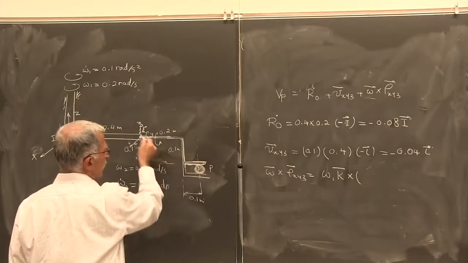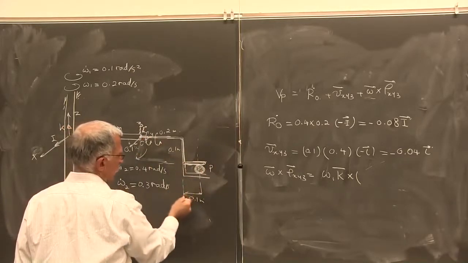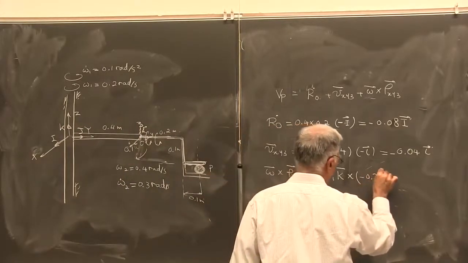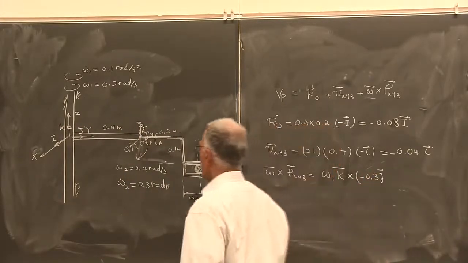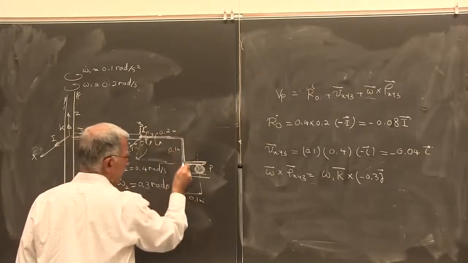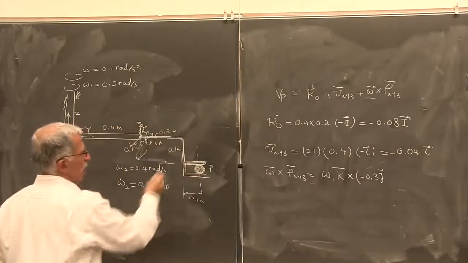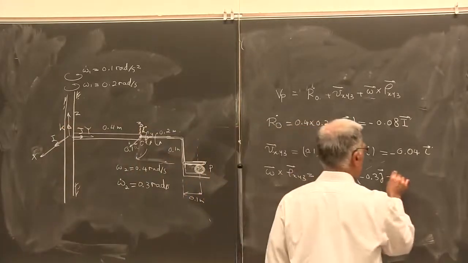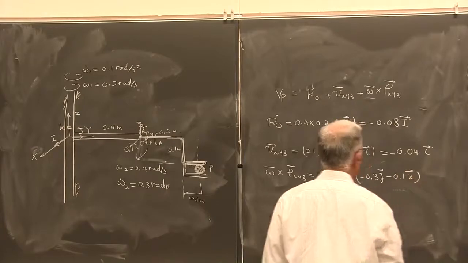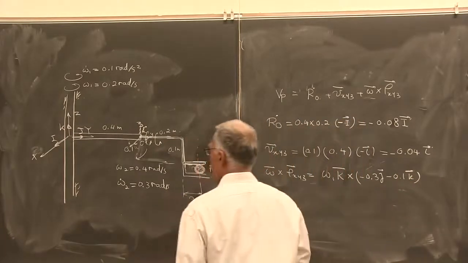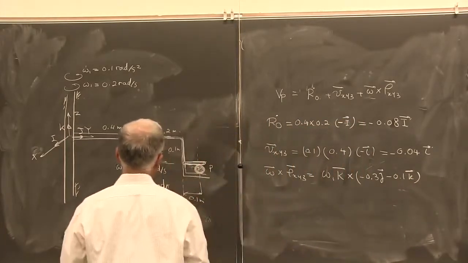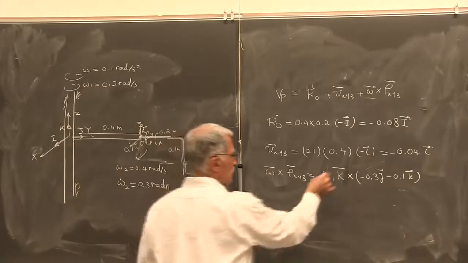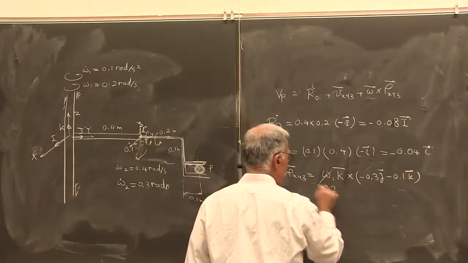That should be equal to minus 0.3 j, a small j, and minus 0.1 small k. And omega 1 is equal to 0.2 radian per second.